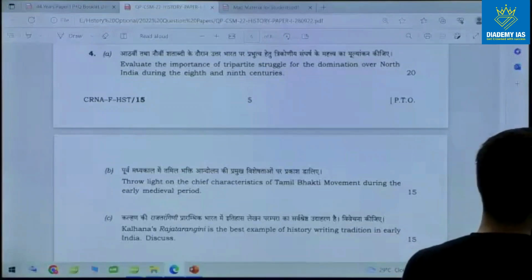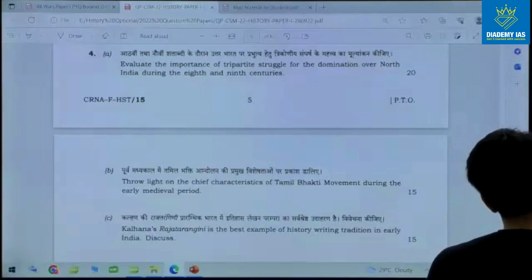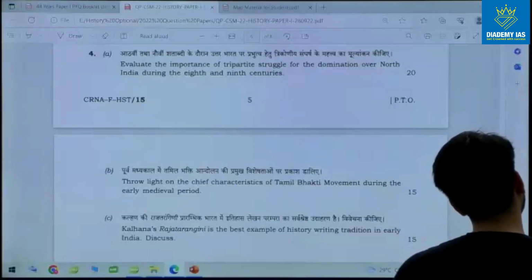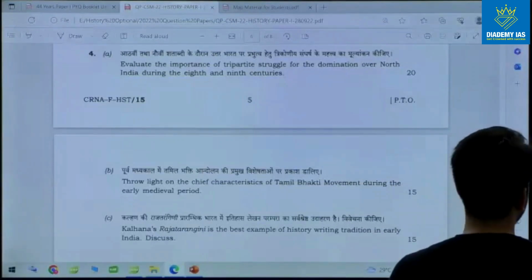Non-Aryan belief systems also entered. That means if society were that rigid, these would not enter. Society was always open to other ideas. For example, Buddhism attacked Vedic religion, but it adopted elements of the Upanishads. That means openness is there.